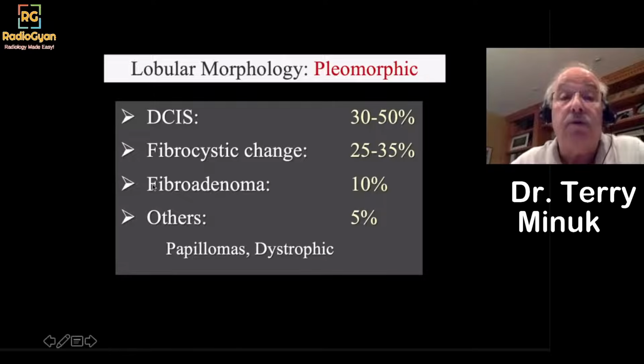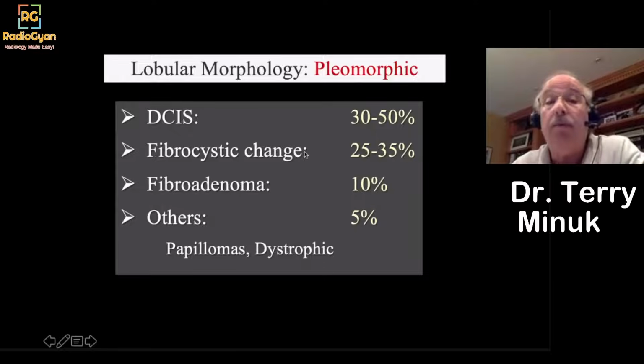There are some features of fibroadenomas, if you get calcifications in a well-circumscribed mass, that's likely a fibroadenoma. If you have fibrocystic change and you do a magnification, you often see much more extensive calcifications all over in other parts of the breast, and that tips you to fibrocystic change.